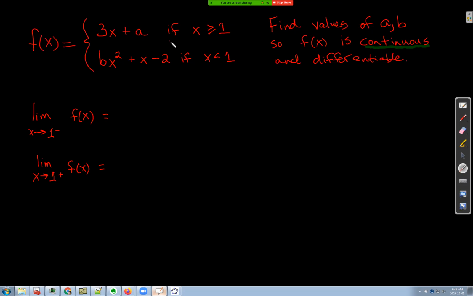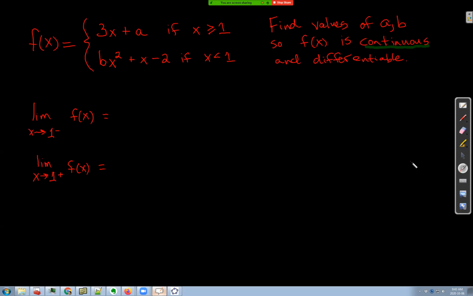It doesn't matter. As long as I stay on one side of the number 1, everything is nice and continuous, because this is a nice continuous function and this is a nice continuous function. But it's what happens at that transition point that things could go wrong. So that's why I only have to worry about what happens at 1.